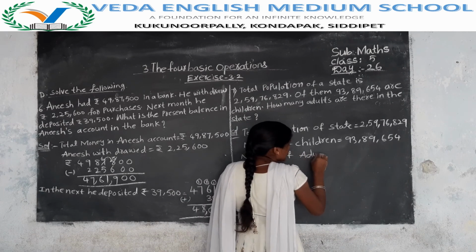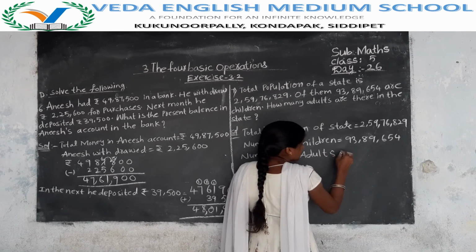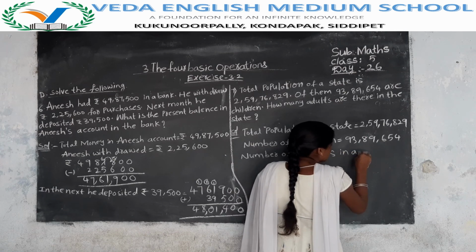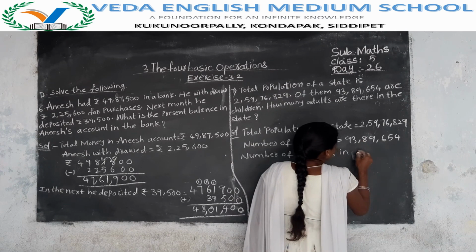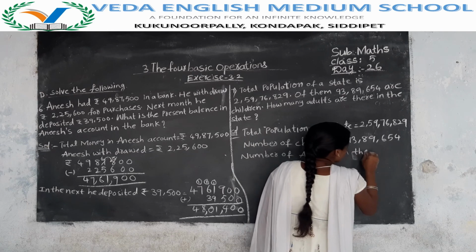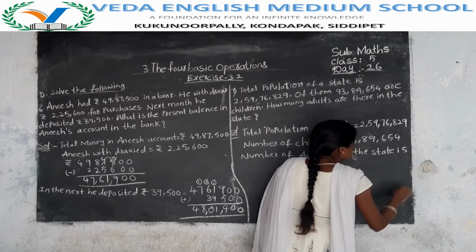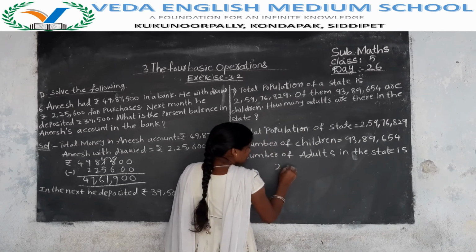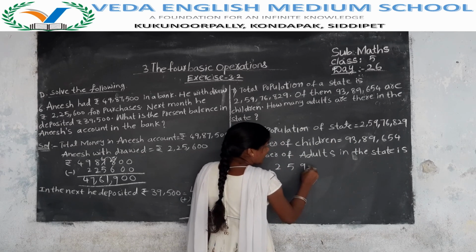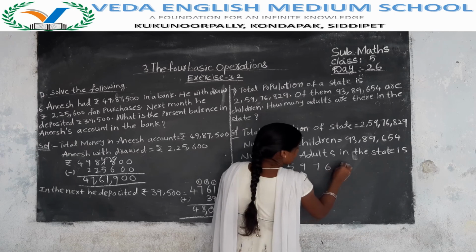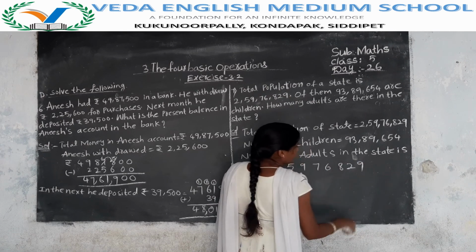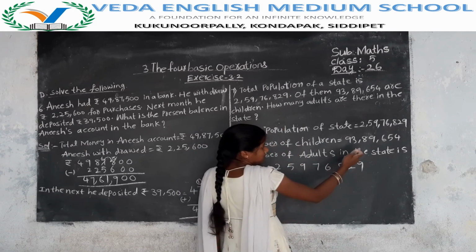Adults in the state is equal to 2,59,76,829. From this total, we have to subtract children.